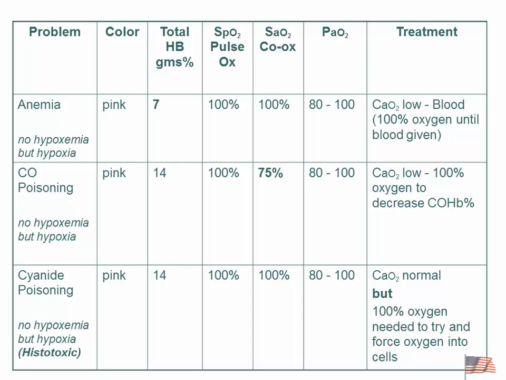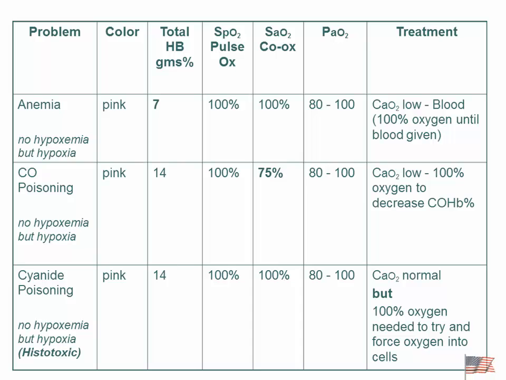Another type of anemic hypoxia is the second one. Somebody exposed to carbon monoxide, which is a toxic gas because it competitively binds with hemoglobin and denies oxygen from being carried.